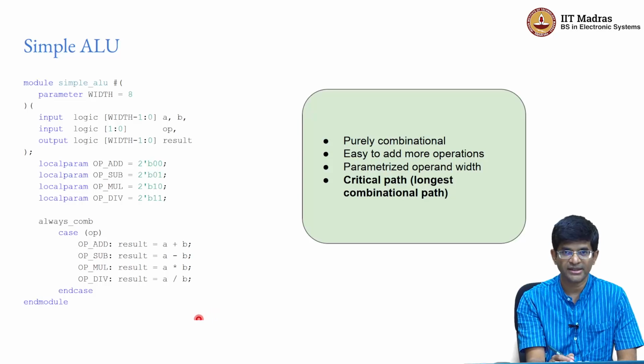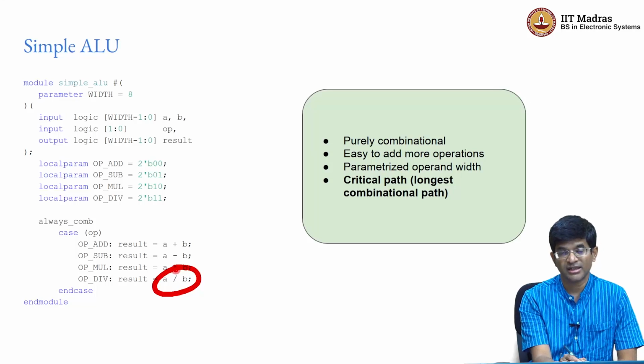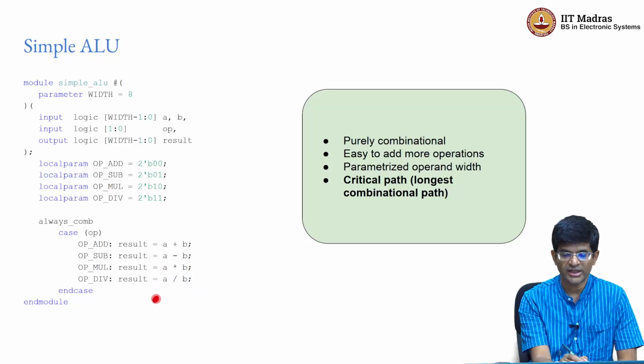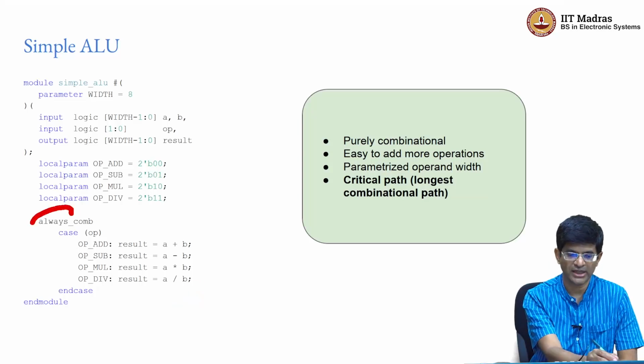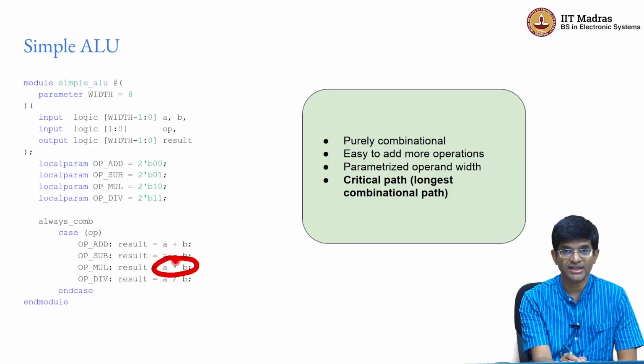Now this is a little tricky in principle, because it's not clear what this synthesizes to. There are many scenarios where if you actually write code like this and try to synthesize it, most likely the Verilog compiler will fail, saying that it doesn't know how to implement a divider in a combinational manner, because after all I have specified that I want it to be combinational. Multiplication can actually be handled.